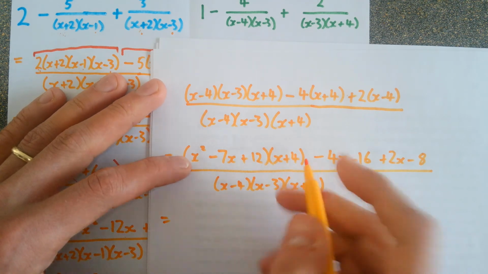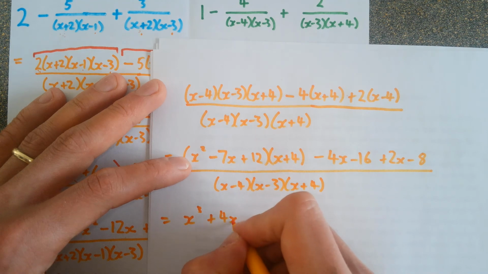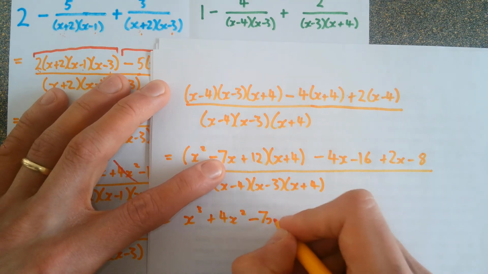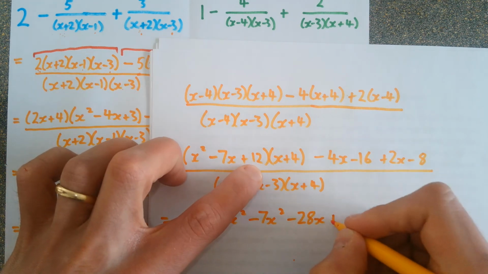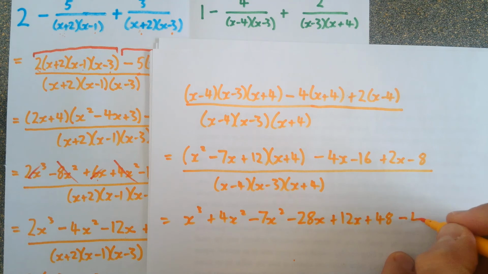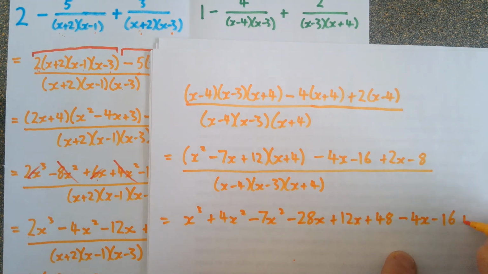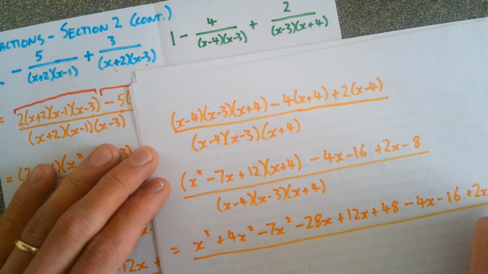Expand these two, so multiply everything by x squared. We get x cubed plus 4x squared. Multiply everything by 7x. And multiply everything by 12. Again, the grid is really useful here. There we go.